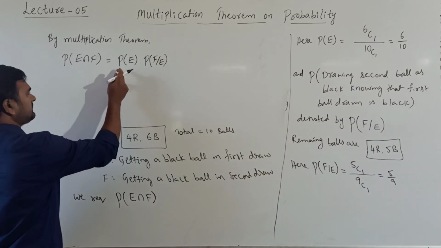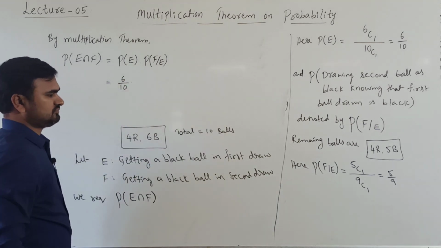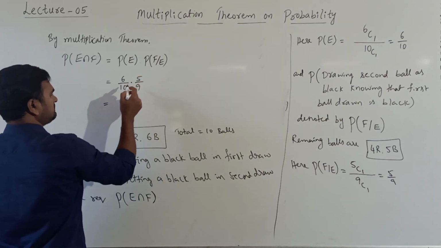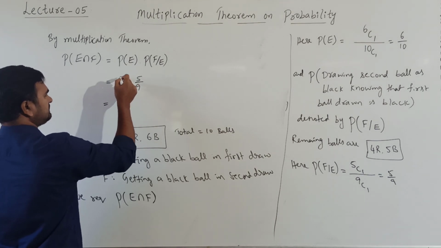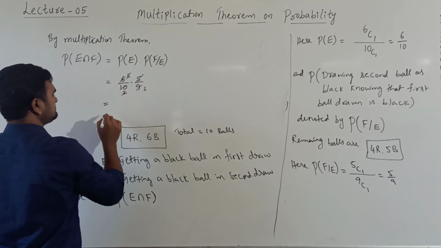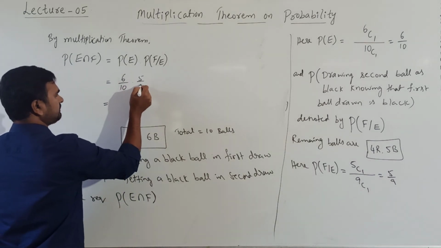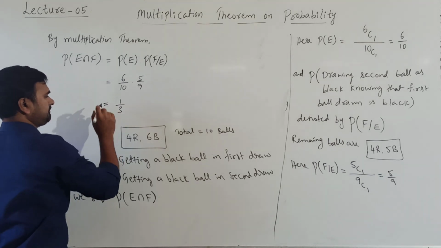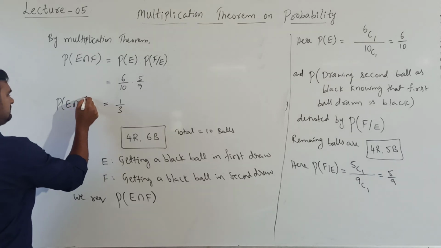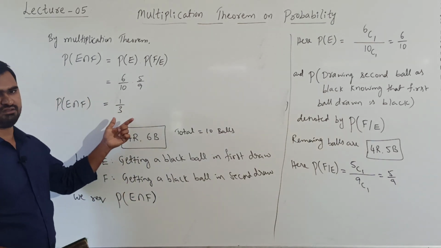So it is P of E, 6 by 10, into P of F given E, which is 5 by 9. So 5 we can cancel 2 times, 2 threes are 3. So the answer is 1 by 3. Understanding? So the probability that both balls drawn are black is 1 by 3.